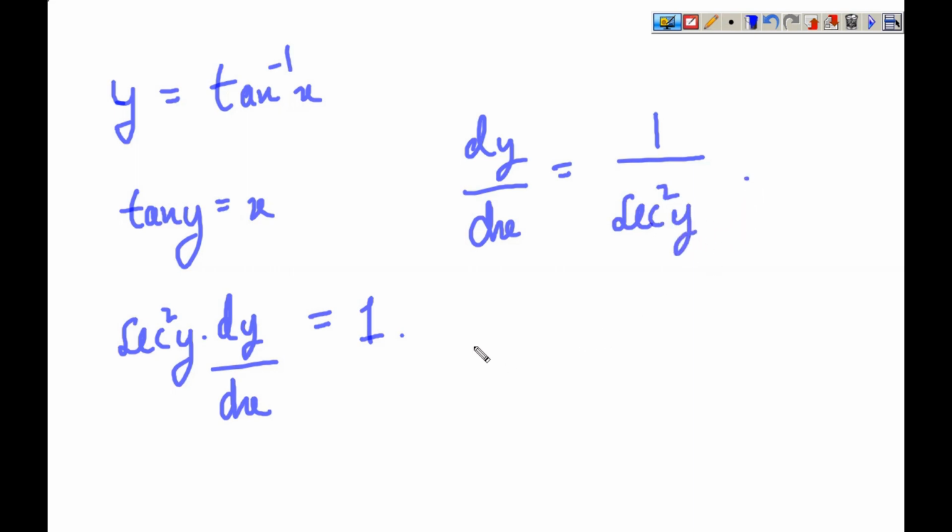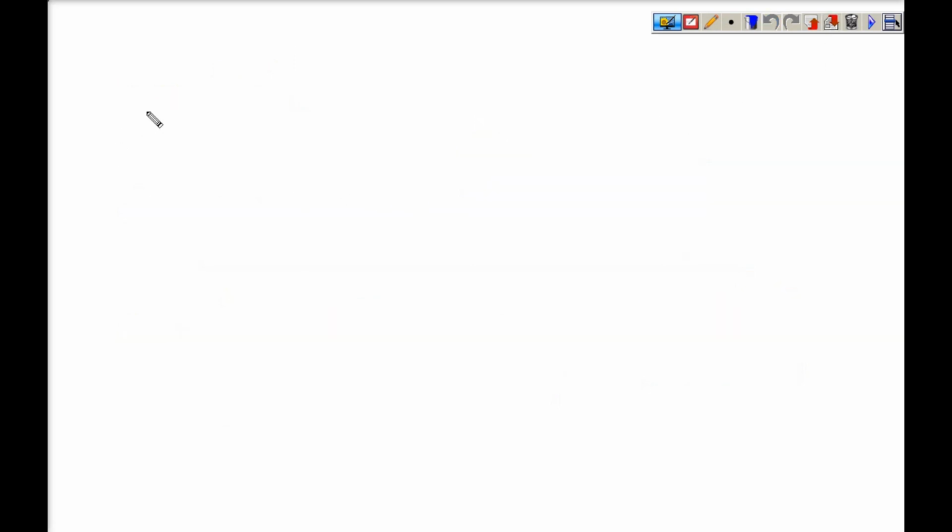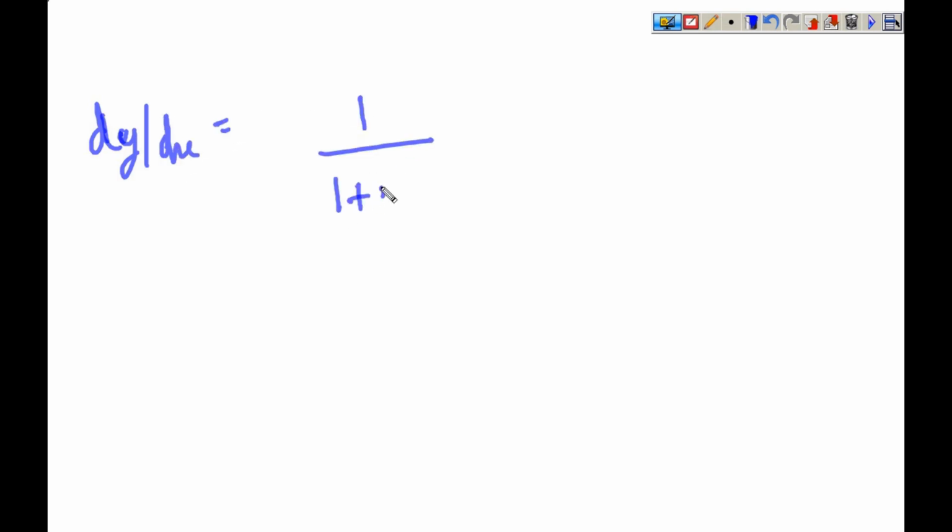Now from the trigonometric identity we know that secant square y equals 1 plus tan square y. So we can substitute this in place of secant square y. So we get the derivative dy by dx as 1 by 1 plus tan square y, right?